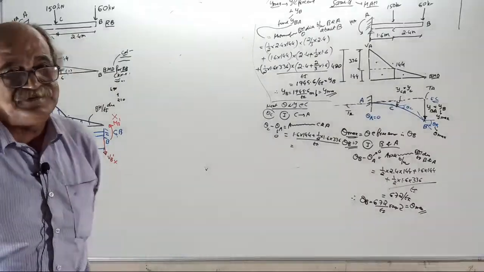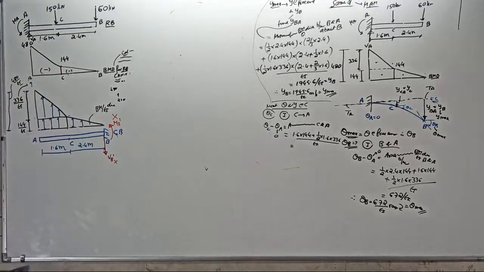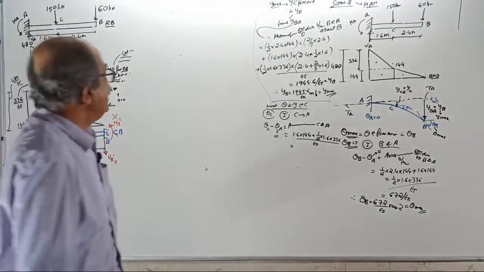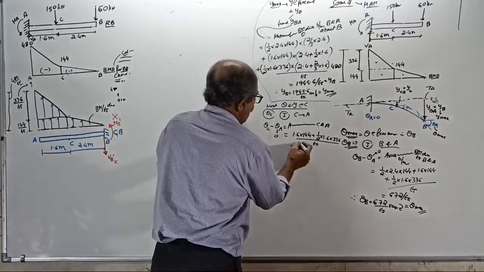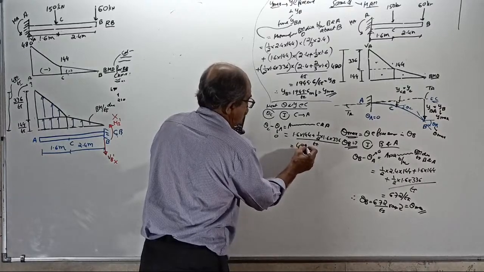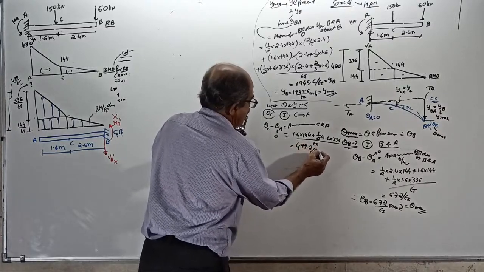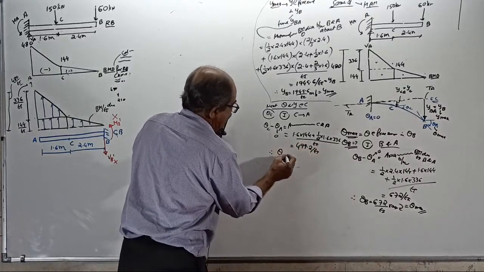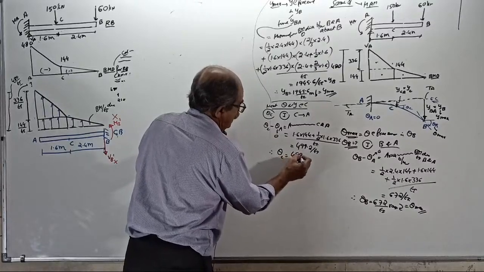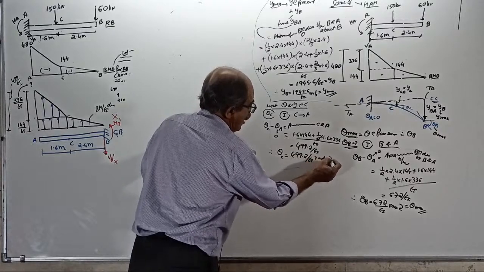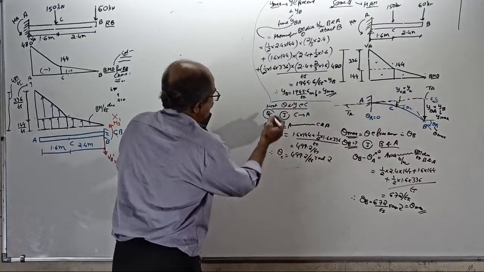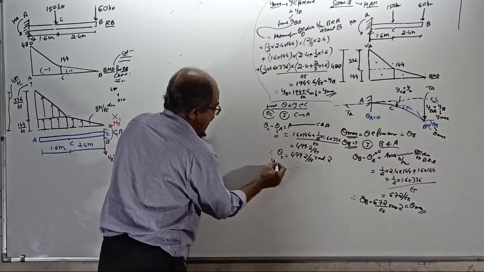Oh yes, I told 80 paisa less than 500 rupees. 499.2 by EI. Therefore, your theta C equal to 499.2 by EI radian clockwise.